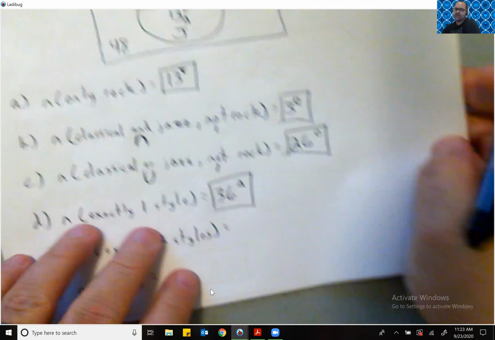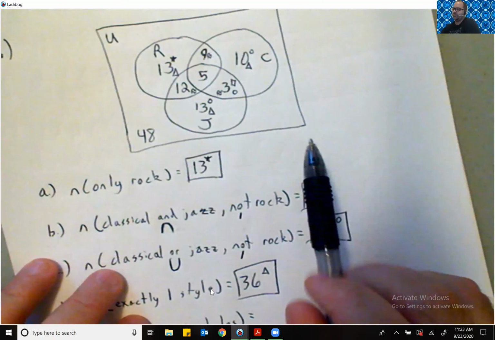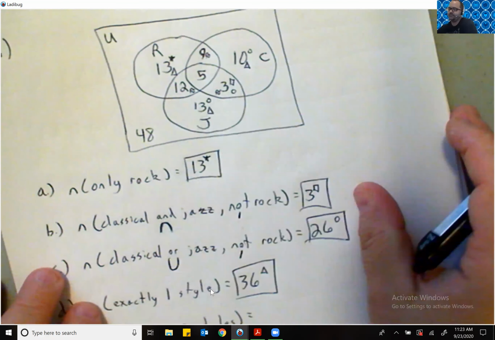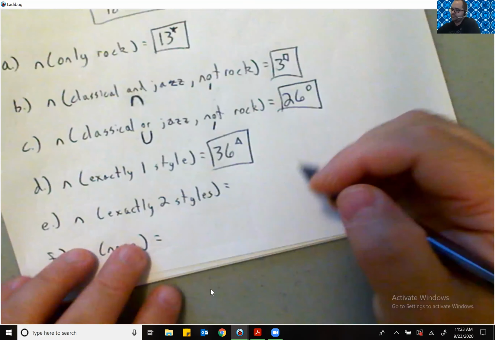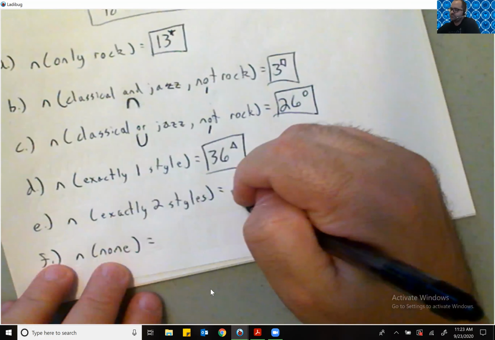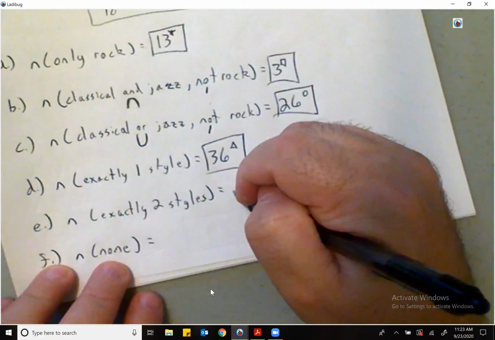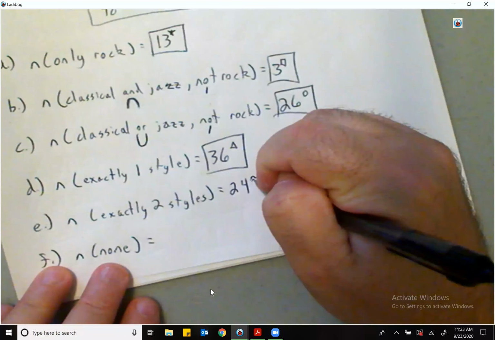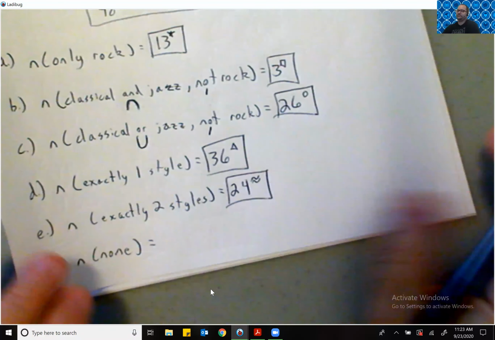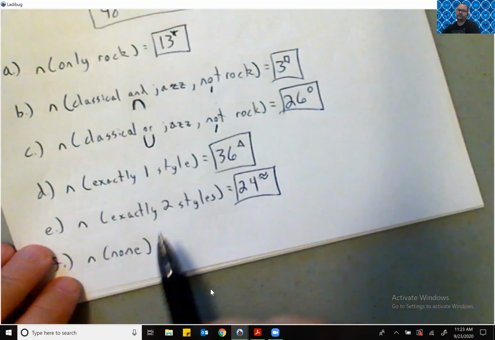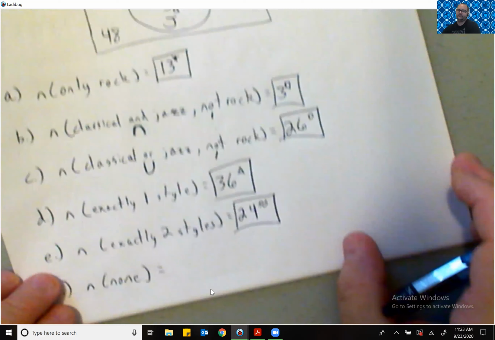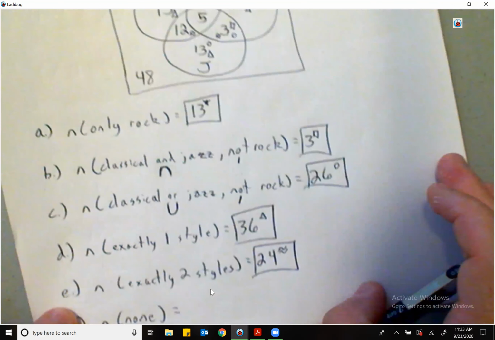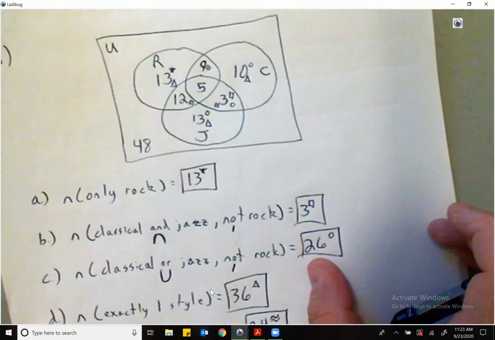So if we take 12, 9, and 3, add those up, how much should we get? 24. And last but not least, how many listen to none of them? 48. That's the 48.